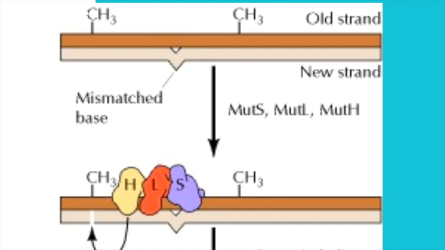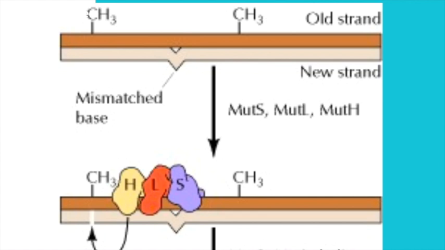So wherever there is a GATC nearest to the mismatched base pair, at that point MUT-H, MUT-S and MUT-L, specifically MUT-H, causes a nick. A nick is a cut. Now DNA is cut at the GATC site. So basically it has identified the nearest GATC site to the lesion, and MUT-H has acted like an endonuclease.